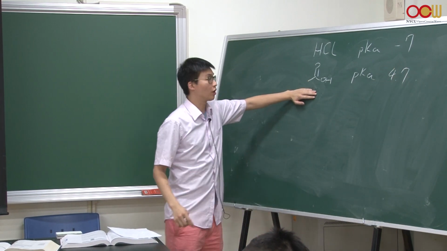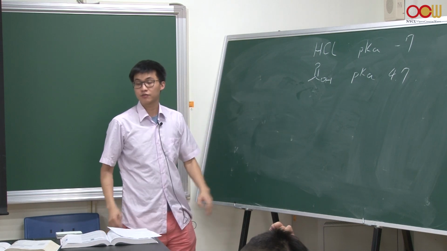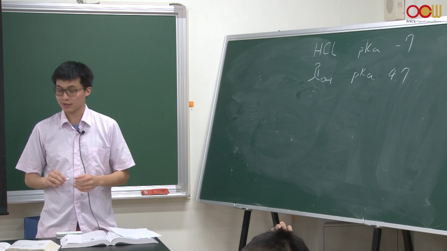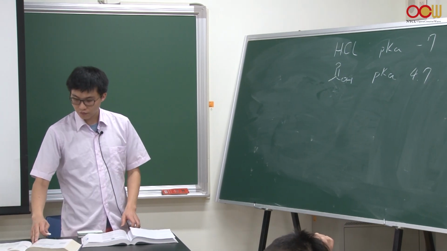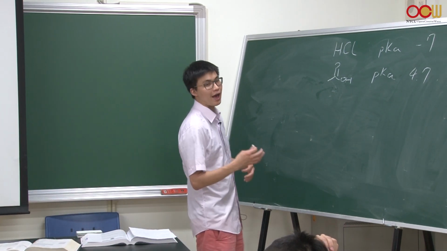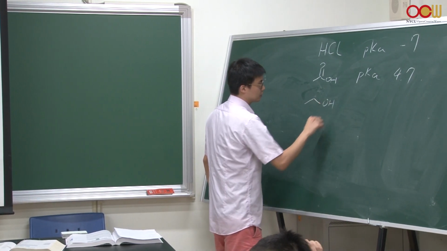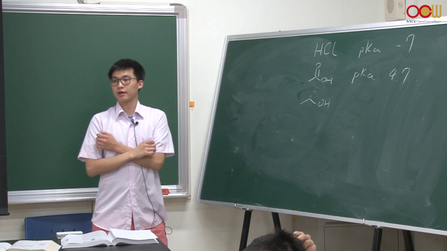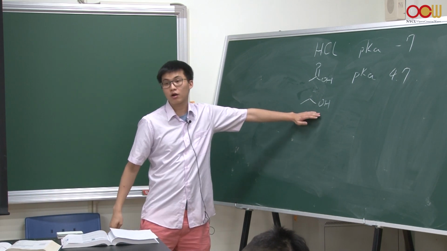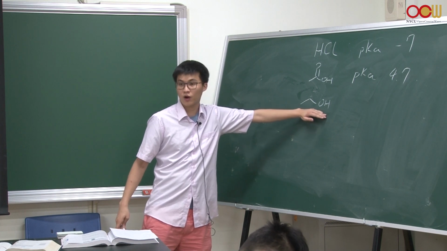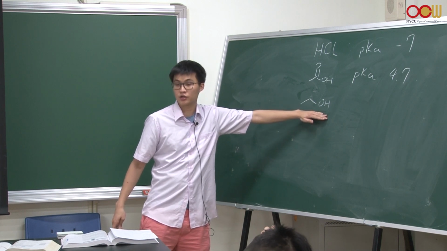Of course, for a longer carbon chain, this value may change. Remember the calculation we did in the acid-base chapter? For alcohol, for ethanol, what will be the pKa? We know in alcohol, this hydrogen, the way it's bonded, does not readily dissociate.